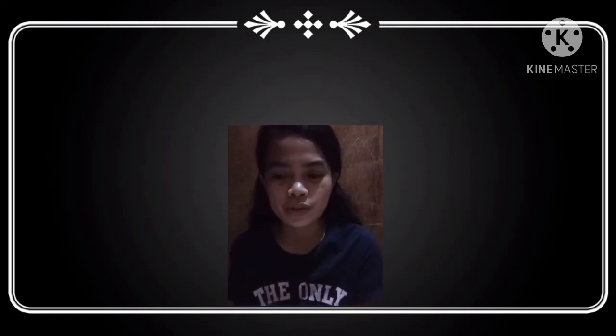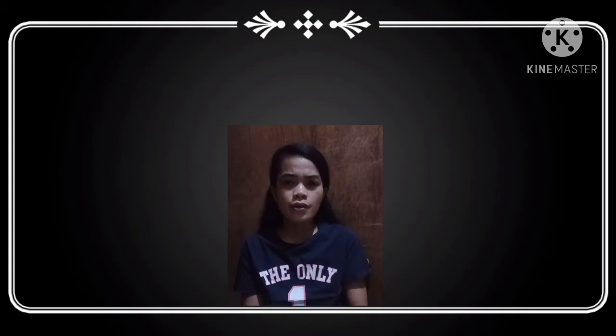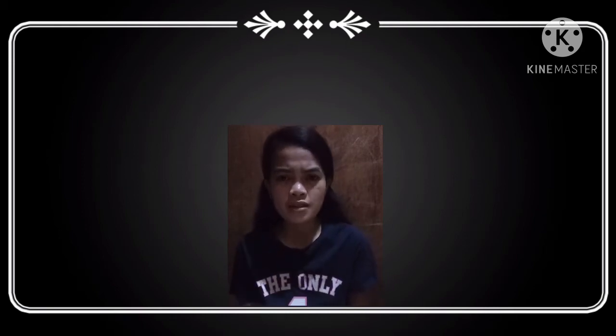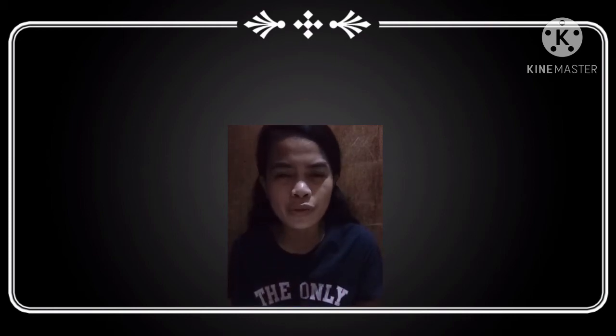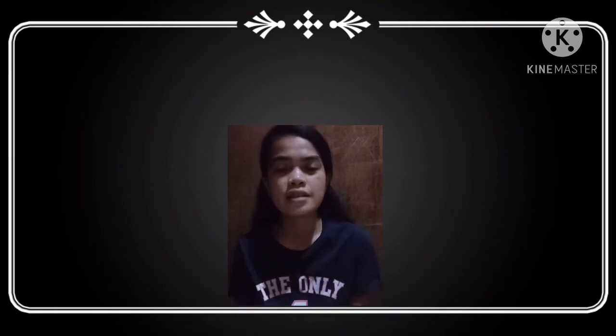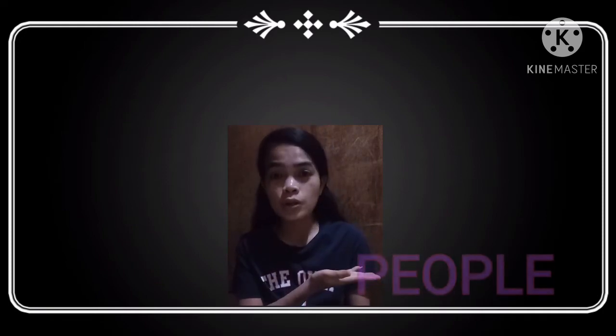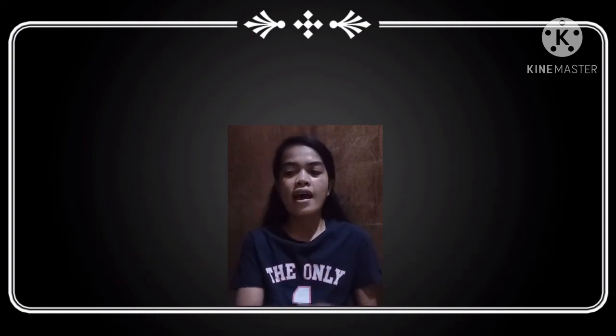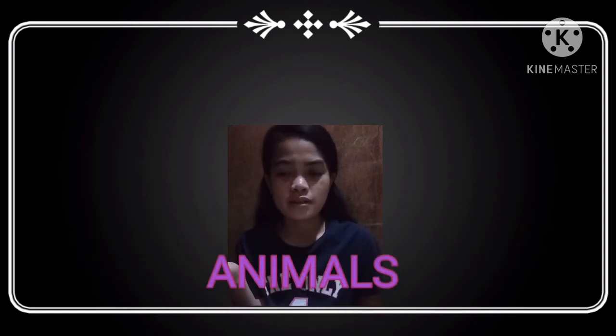Okay, that's good. Did you know that our world is made up of a variety of things? Look around you. What do you see? Yes, you may see people, plants, and even animals.